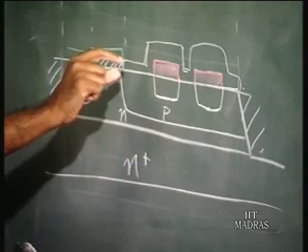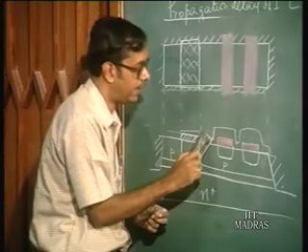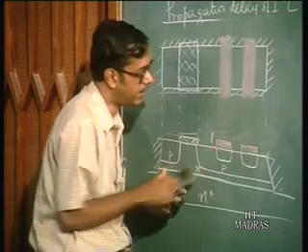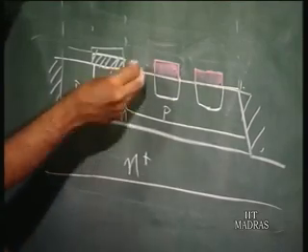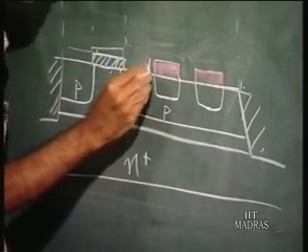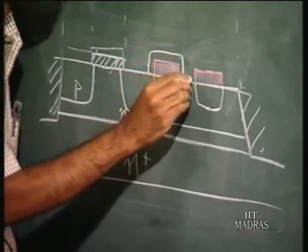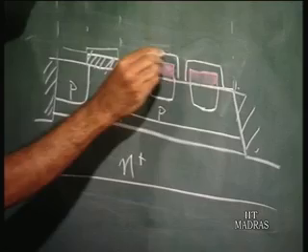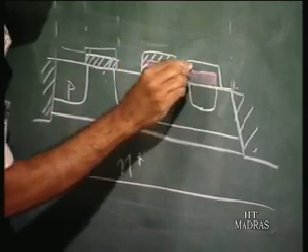Is it clear? So finally you will be left with oxide covering these polysilicon regions, and that is very important for this process.